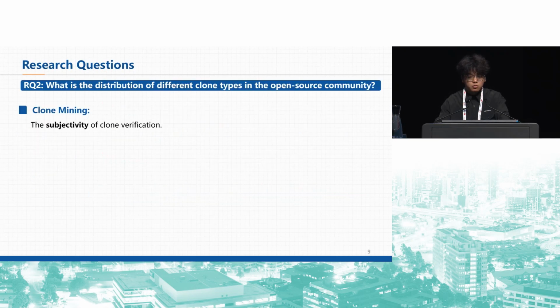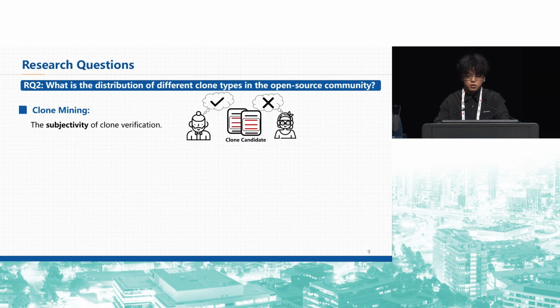Getting the clone distribution first requires mining all clones, but the determination of clones is inevitably subjective, especially semantic clones. So the alternative is to use tools to mine as many clones as possible and verify them manually.